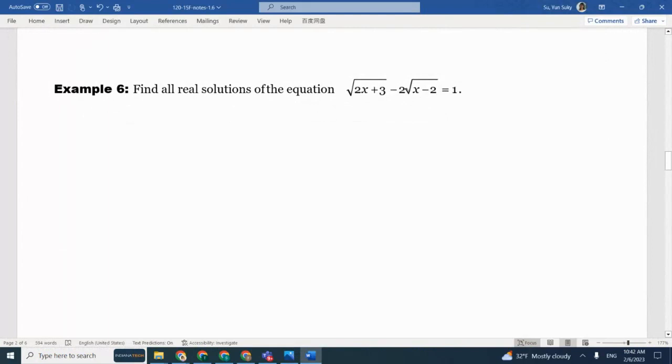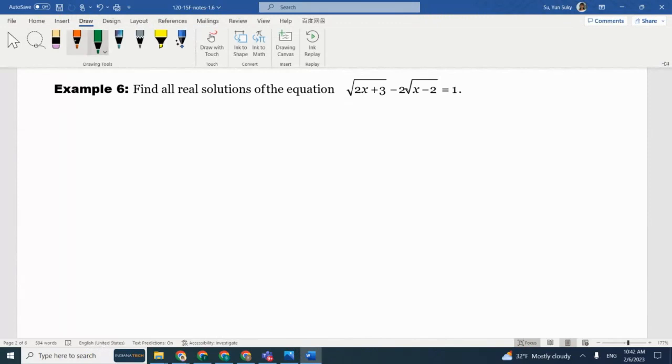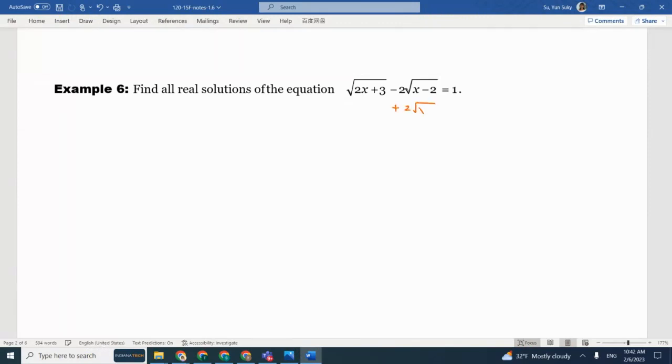All right. So first step, we want to isolate one square root term. Right, everybody? So let's move this guy to the right. So we add 2 square root of x minus 2 to both sides. Then we have square root of 2x plus 3, and the right hand side we have 2 square root of x minus 2 plus 1.